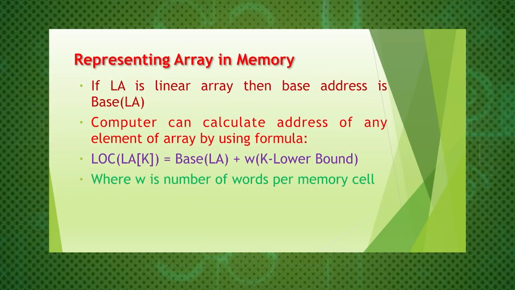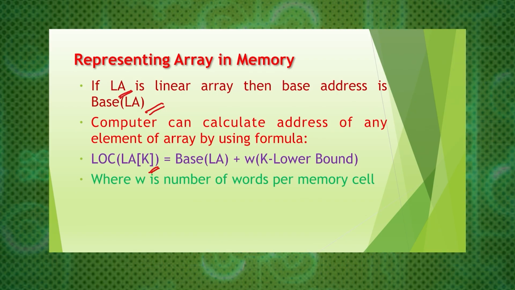If we have a linear array, and we use the term LA, where L stands for linear and A for array, and the base address of the linear array is indicated by Base(LA), then we can easily calculate the address of any element of the array. For that we use the formula: Location(LA[K]) = Base(LA) + W * (K - lower bound), where we want to find the address of the Kth element.